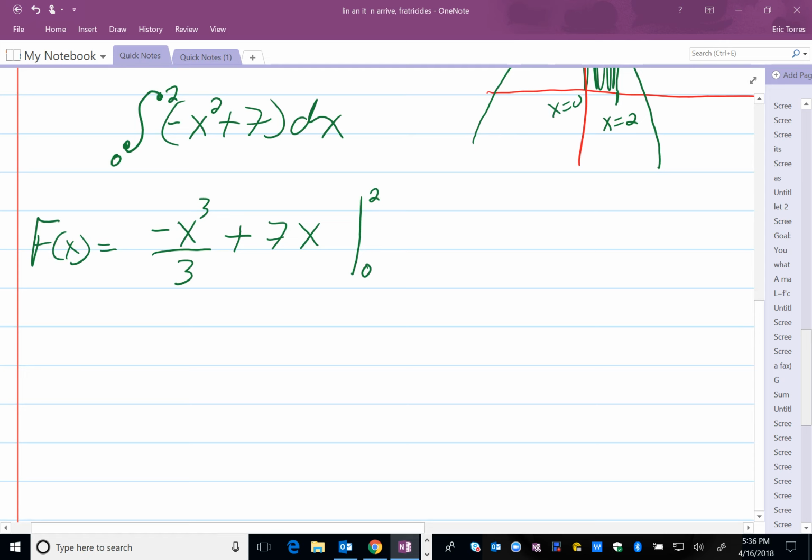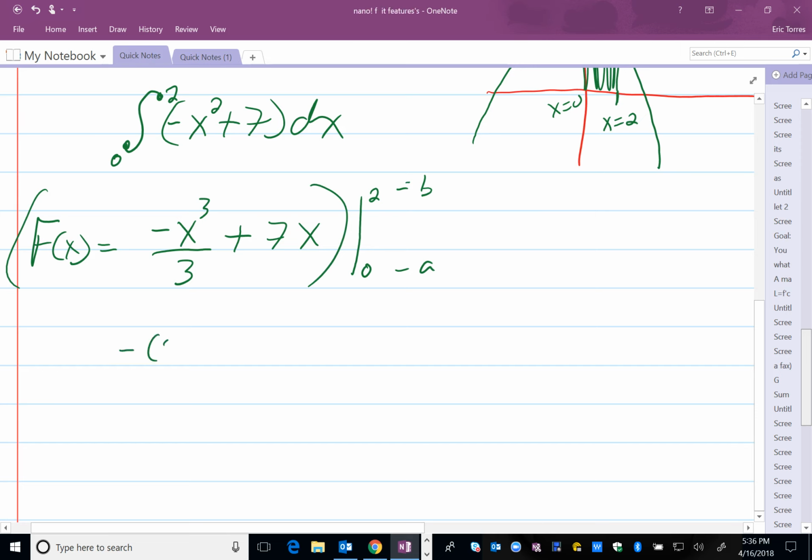So what we're going to do is plug in. Very important to remember, this is our A value and this is our B value. And just this part is my F of x. So we plug in B first.